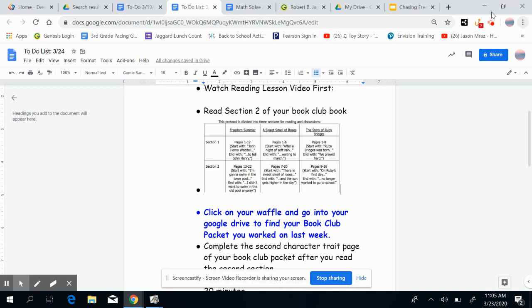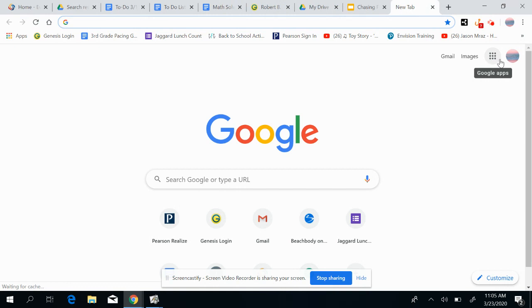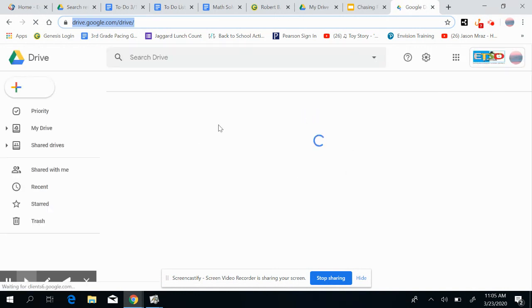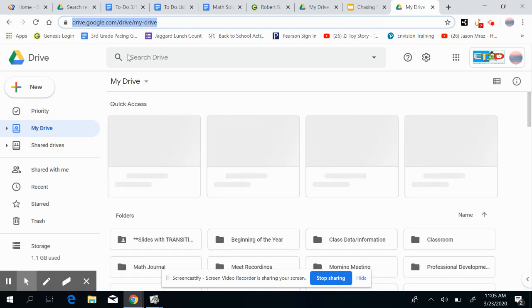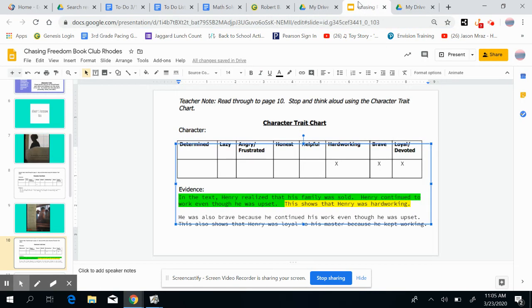For example, here's the waffle, and then go to your Google Drive, and hopefully it should be in there. Everything you do gets saved into this Google Drive. This Google Drive will be your best friend. It's my best friend. It has all of my work saved, and I can find anything in there.